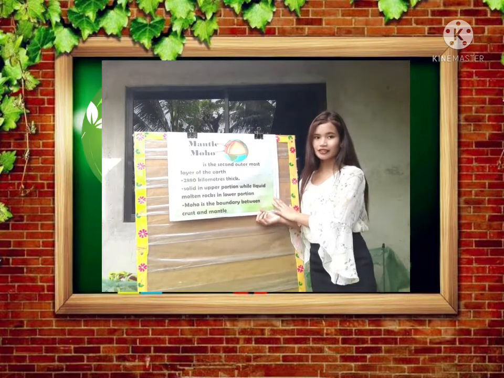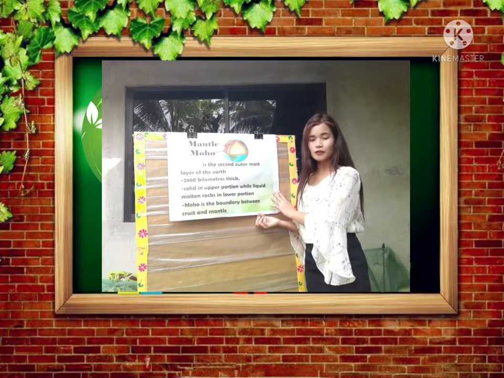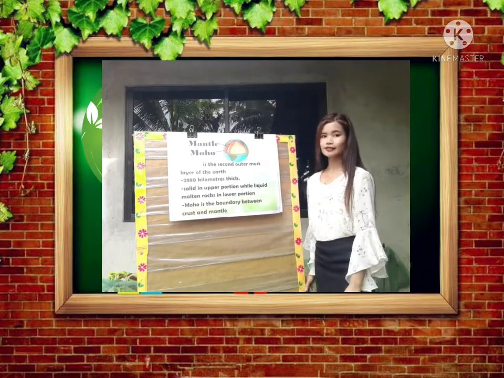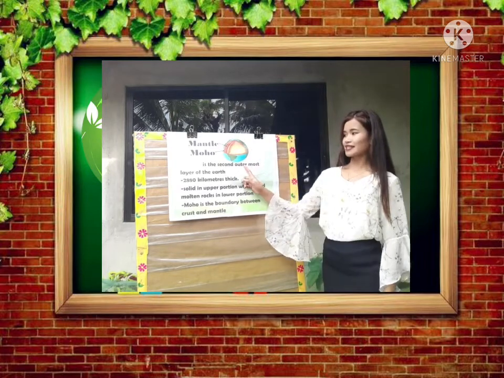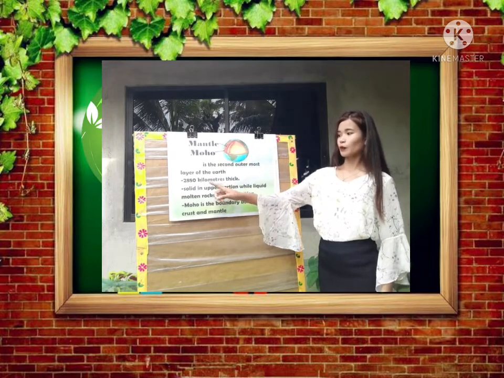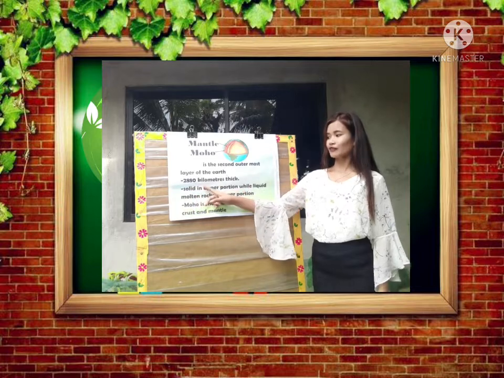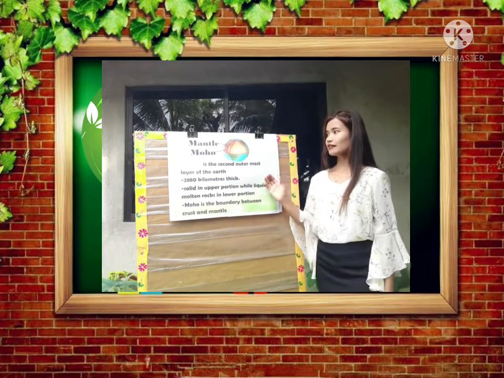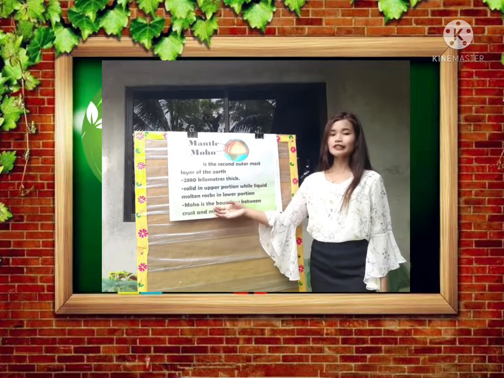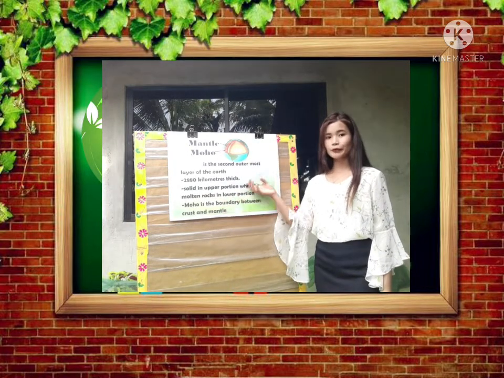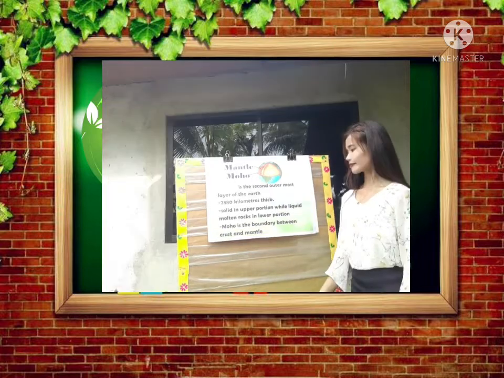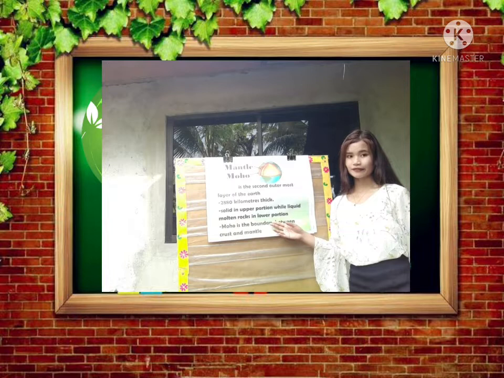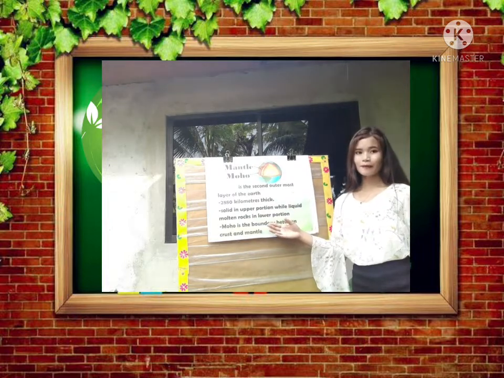The mantle is the second outermost layer of the earth. Below the crust is the mantle, which is about 2,880 kilometers thick. The mantle is composed of solid rocks in its upper portion, while its lower portion is believed to be very hot molten rock.